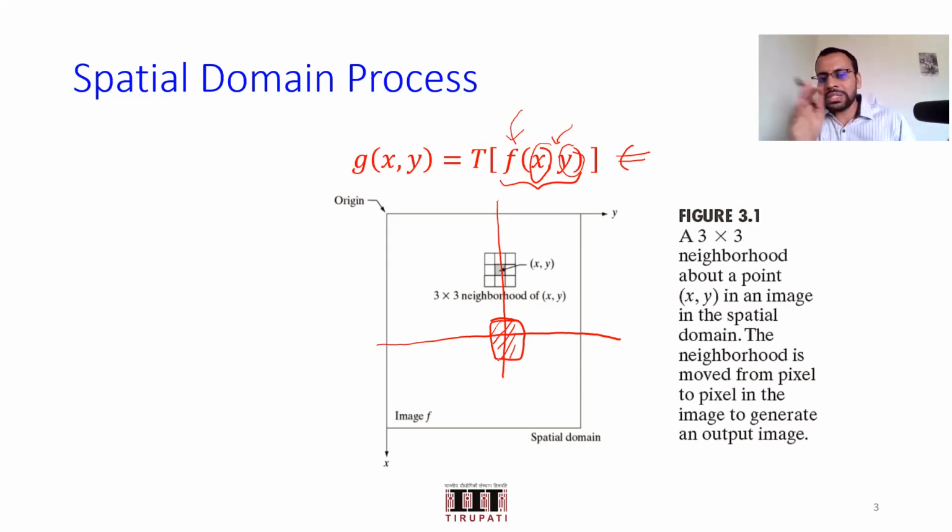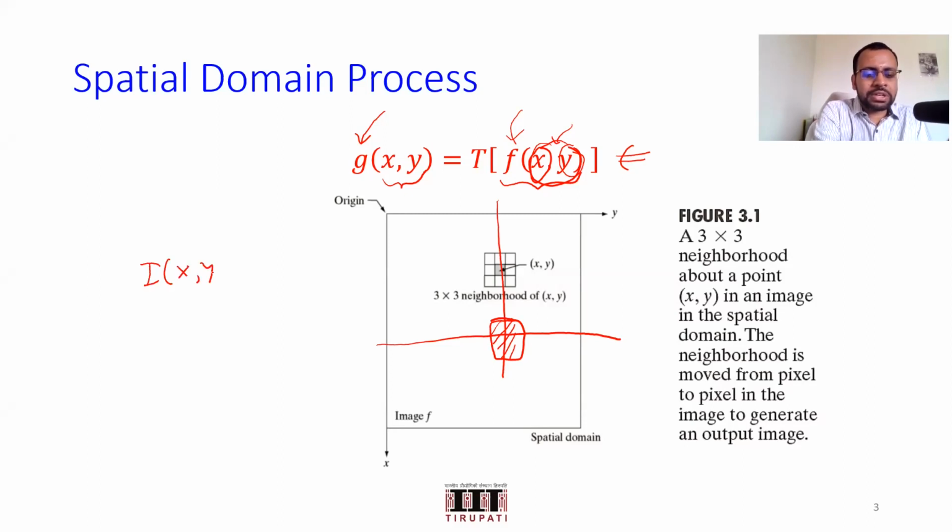So when you are doing an intensity transformation, at the same x comma y location, g of x comma y gives you the new intensity value assigned to that pixel. Your original image is f of x comma y, and the new image is g of x comma y.